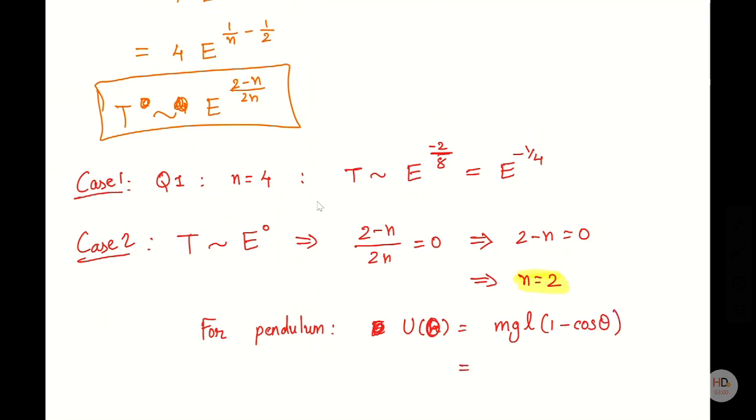That is quadratic, so this will be theta square over 2. Cos theta is 1 minus theta square over 2, so it's proportional to theta square over 2, but there are other higher order terms, theta raised to 4 etc., which make the system non-linear, and then the time period would actually depend on amplitude. So if your theta is higher, then the time period would be a function of your amplitude. You can think about whether it increases or decreases with amplitude.